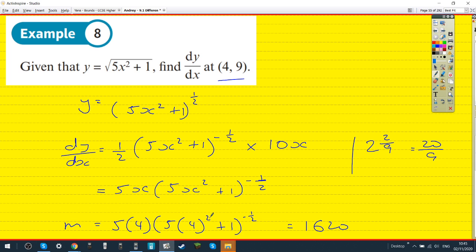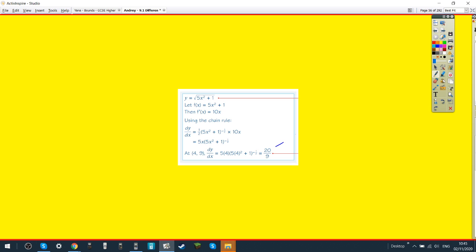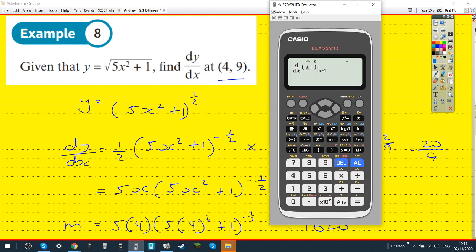Put in without the times 20 thing, the 5, 4 thing. Okay, and so that will be... No. It's 20 over 9. Yeah, it's 20 over 9. Let me just now use my calculator to check. 5x squared plus 1, and we're putting in 4. 20 over 9.